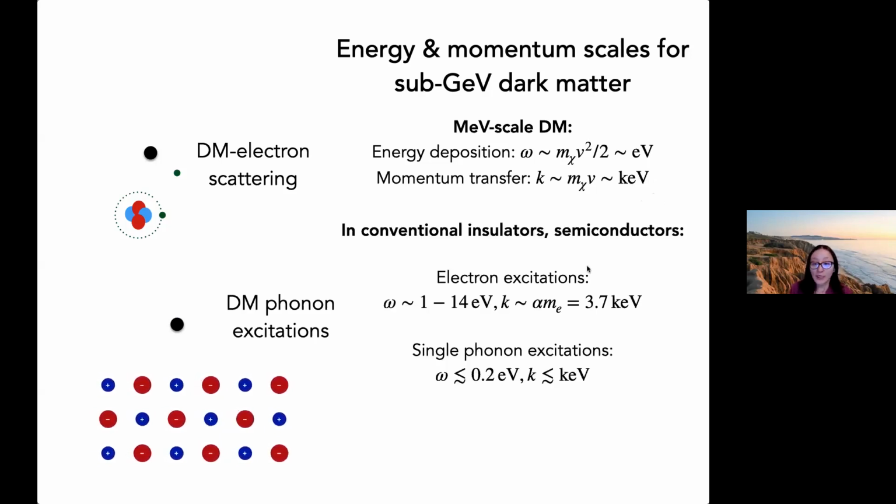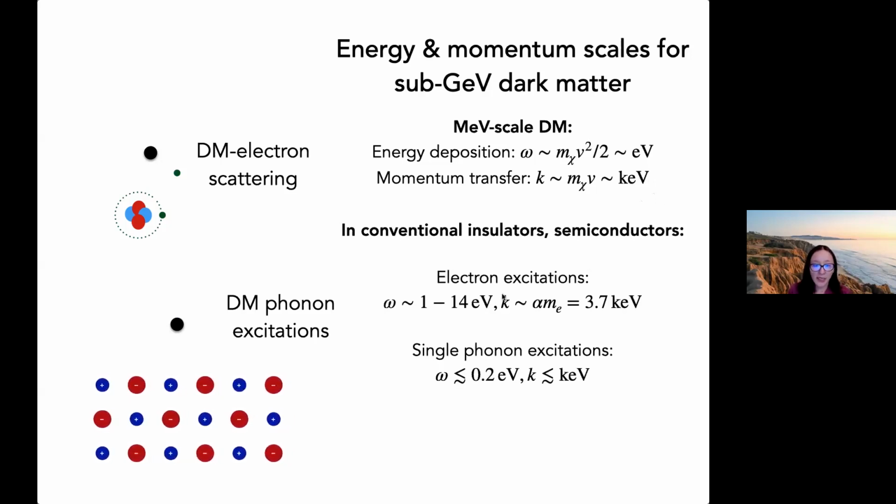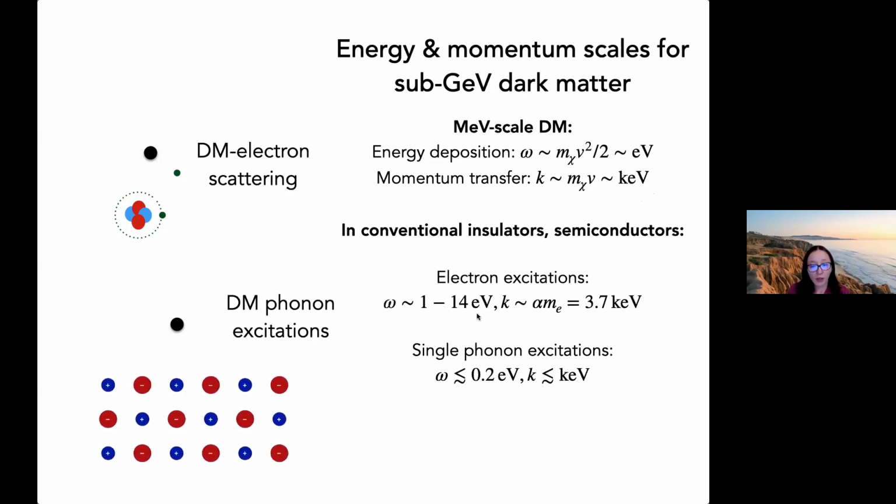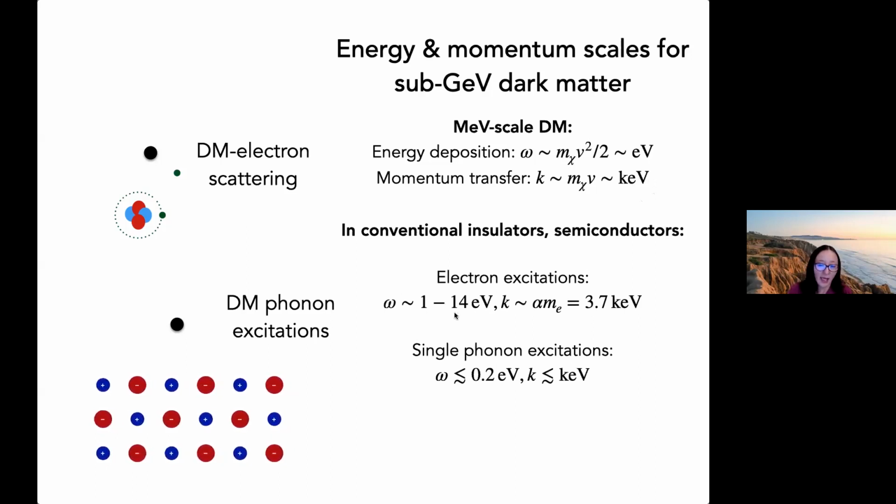For instance, for electron excitations, the energy scale is set basically by alpha squared m_e or lower, depending on if you go from atomic to solid. So that's going to be of order 1 to 10 eV in a very typical atomic material or some insulator or a semiconductor.